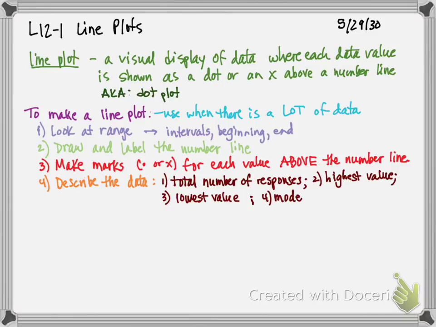Okay? So we're going to create a line plot from the data and then describe the data. So I'm going to write that out because that's generally what I'm going to hear for directions. So create a line plot from the data.